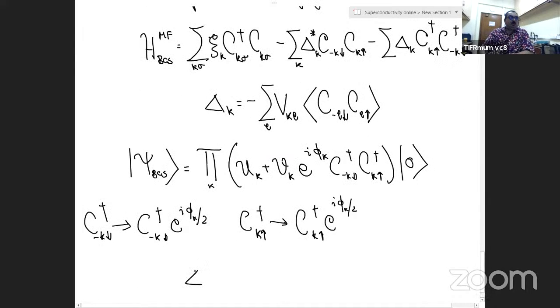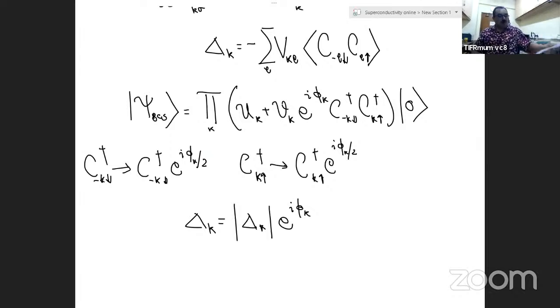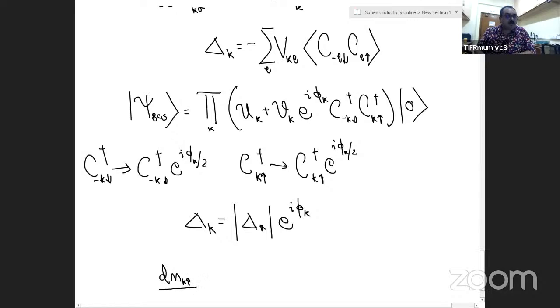So therefore, delta k will become modulus of delta k times e to the power i phi k. Now what you have to show is very simple. You calculate d n_k by dt, and how will you calculate d n_k by dt? So n_k is of course the number operator. How will you calculate this?